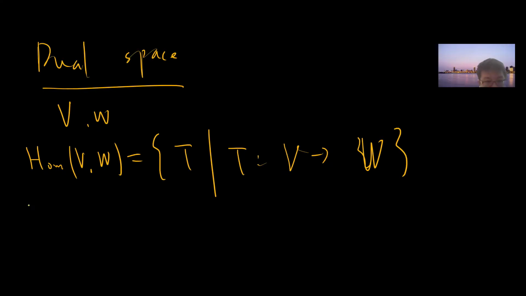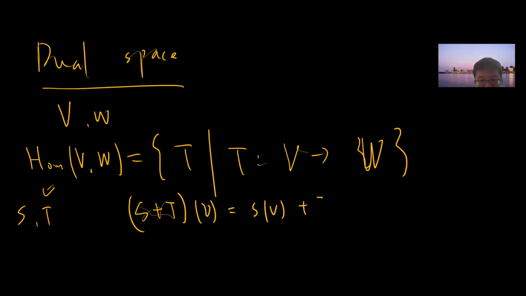Obviously, if you take two elements, let's say S and T, you can define addition. S plus T acting on v will be Sv plus Tv. It's easy to check that S plus T is also a linear transformation.